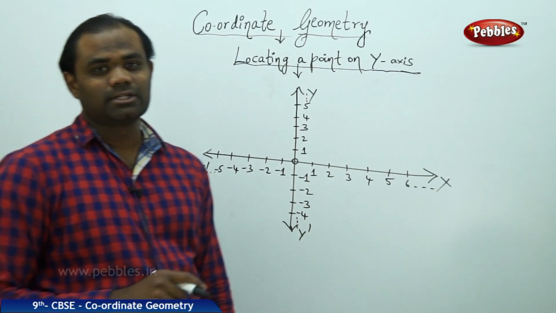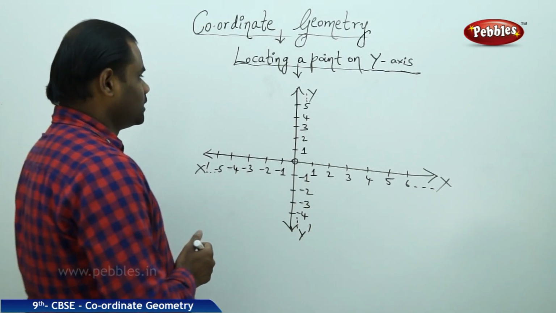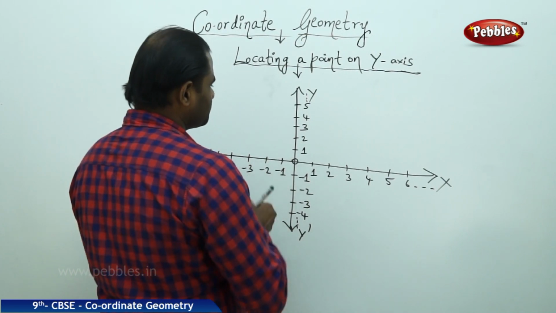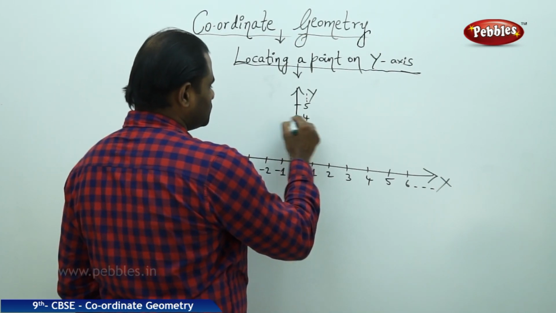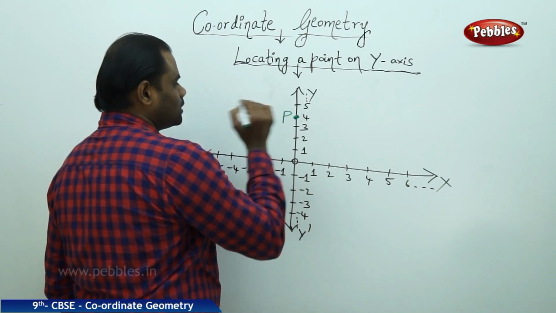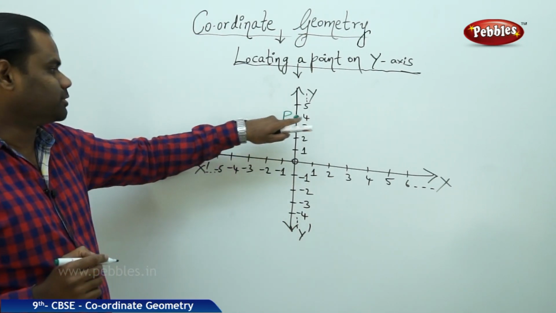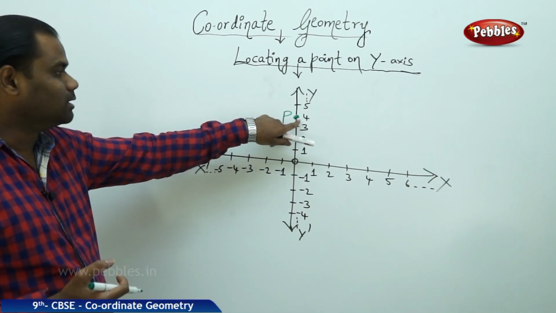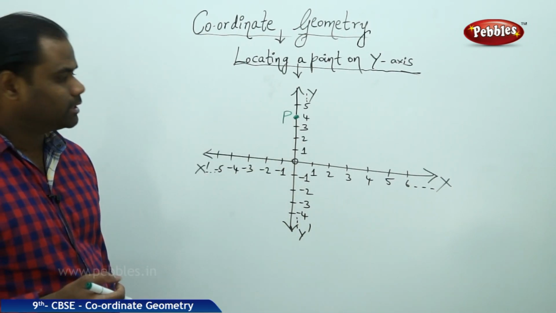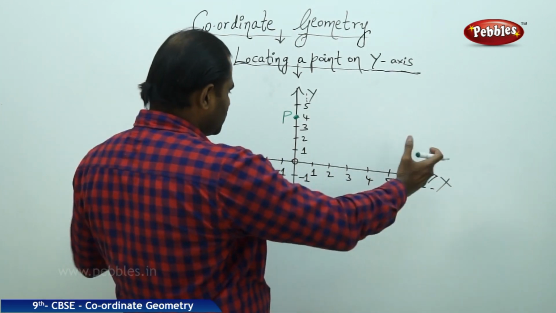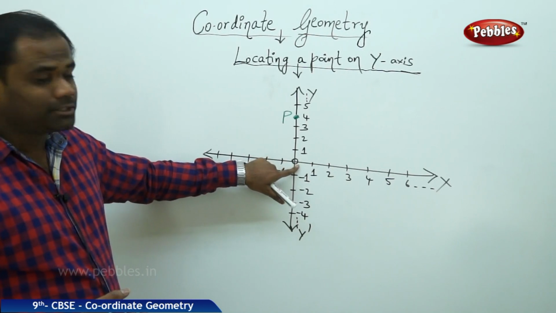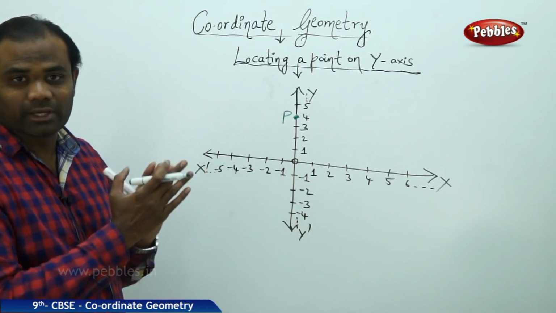Now with this coordinate system, let's see any point I pick on the y-axis. Say, for example, I have this point P located at this position at 4. Let's see what the coordinates of this point P would be. Clearly, I see that this point, starting from its initial position, does not change along the x-axis.